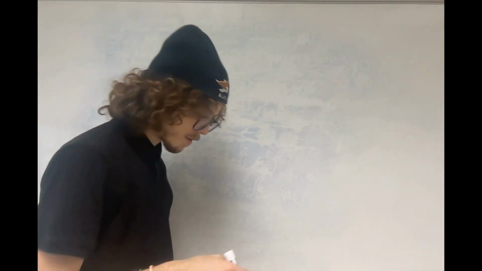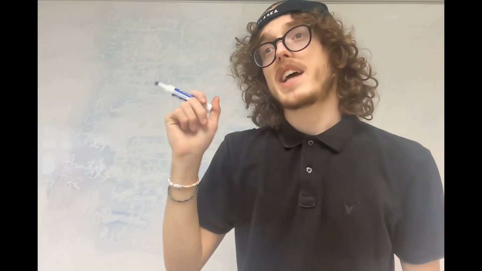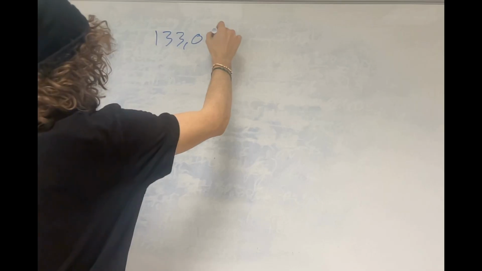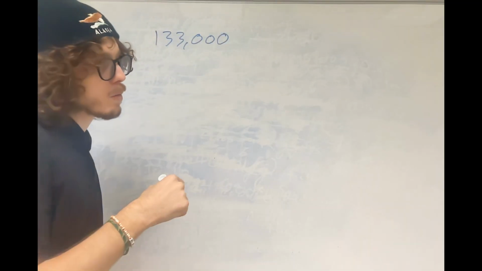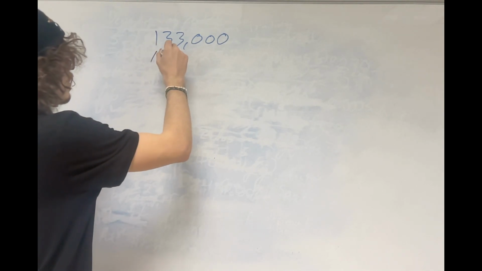Let's consider the following numbers, and I want you to tell me, for each digit, is it significant or not, and how many overall significant figures are there? This number, let's consider how many significant figures, number by number. Remember, rule 1, all non-zero numbers are significant, so all 3 of these are significant.